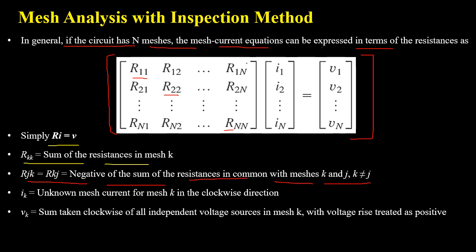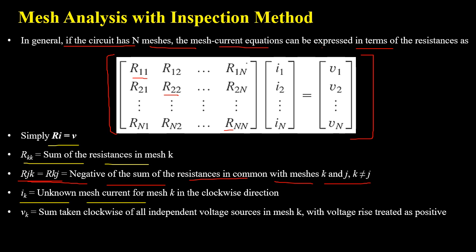Like if you are writing the equation for mesh K and you have a resistor which is common between mesh K and mesh J, you will sum up all the common resistances and write them in the place of Rkj in the R matrix.